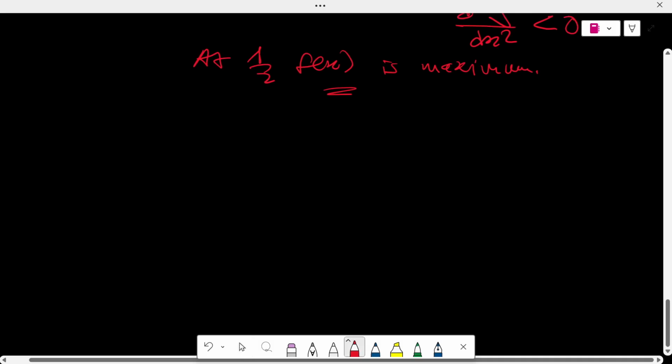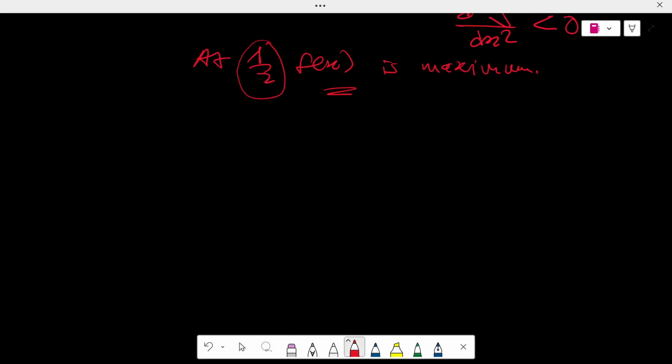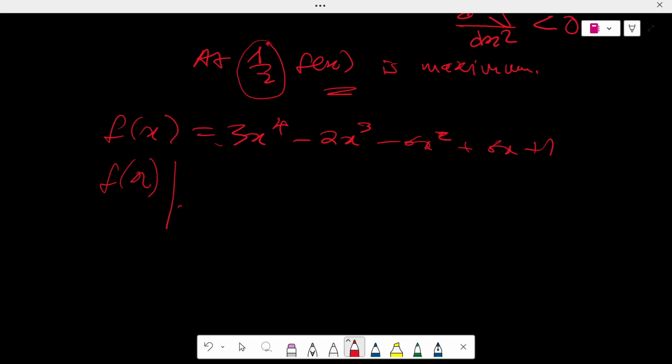So to find this, we get the stationary points and then place them in the original function. So the original function is f of x is equal to 3x to the power 4 minus 2x to the power 3 minus 6x to the power 2 plus 6x plus 1. So at this point 1, we have a minimum.